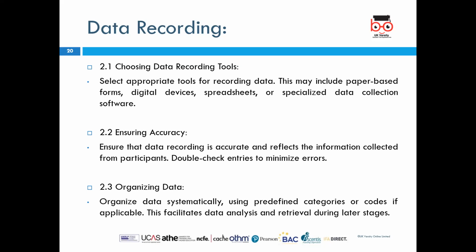For example, in qualitative data collection, NVivo is one software where you can use coding techniques for analyzing qualitative data. Then you have to ensure accuracy. You have to ensure that data recording is accurate and reflects the information collected from the participants. So you need to double check entries to minimize the errors.